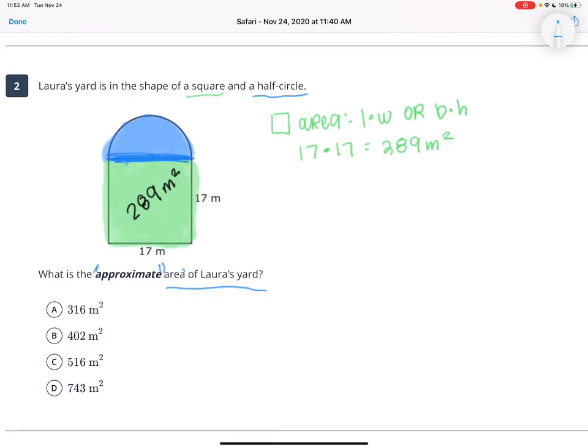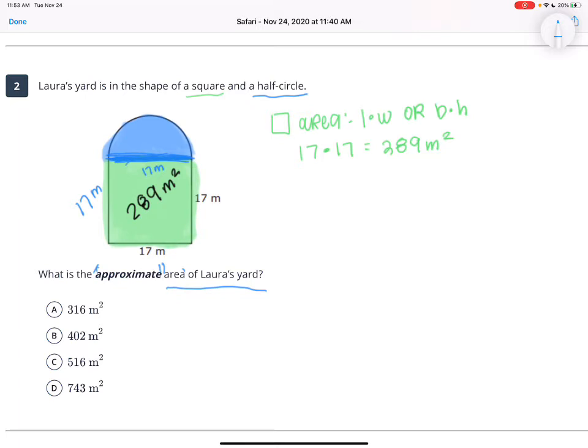How would I be able to find the diameter? Well, you first need to understand the dynamics of a square, which is that all sides of the square are equivalent. So if this side is 17, then this side is 17 meters, which means this side is also 17 meters, which would mean that the diameter of the circle is 17 meters.